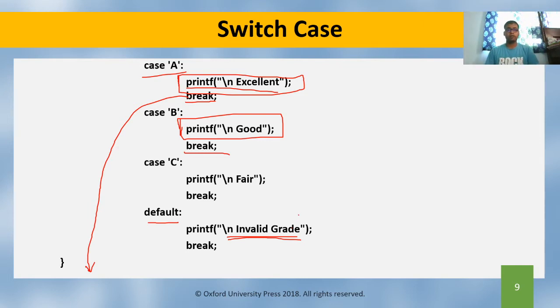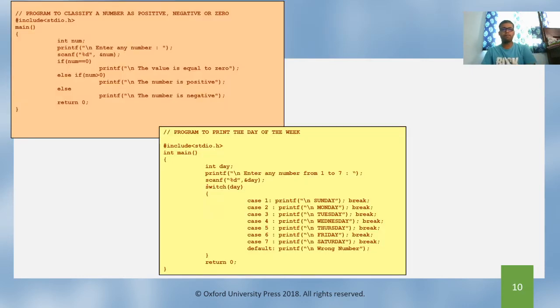For case A, we can do addition. For case B, we can do subtraction. For case C, we can do division. For case D, we can do multiplication, and default will be invalid input, or invalid operation. So this is switch case.